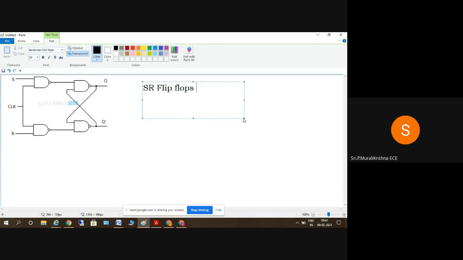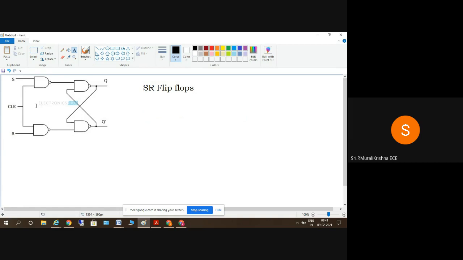In latches only the application of input is there. So here we'll have a clock signal applied instead of the enable signal. Take down this diagram.